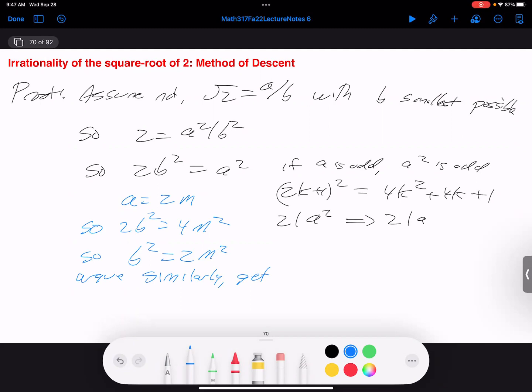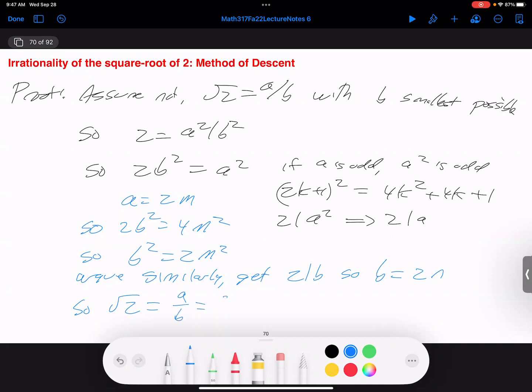Yeah, so once we had 2b squared equals a squared, we saw that 2 had to divide a. Now we have b squared equals 2m squared, so 2 divides b squared, so 2 has to divide b. So say b equals 2n. So the square root of 2 is going to be a over b.